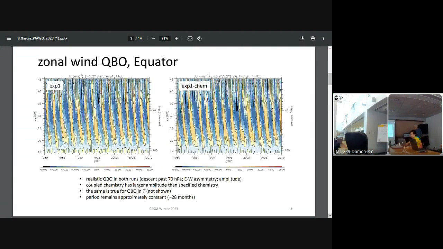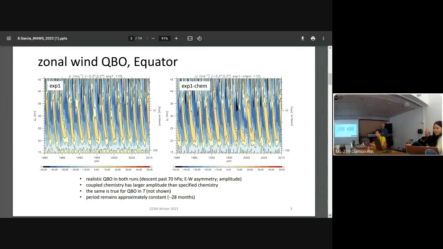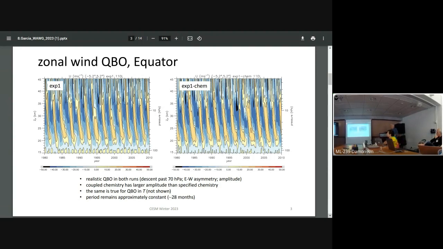Page down. Okay, so this is the QBO in both experiments. It shows the zonal wind at the equator, essentially averaged over 5 degrees on either side of the equator. The one on the left is what I am calling experiment 1. That's QBO experiment 1, which is essentially present day climate, but doesn't have specified chemistry. The one on the right is exactly the same thing, but now with specified chemistry.